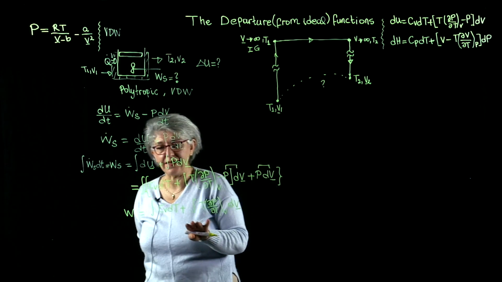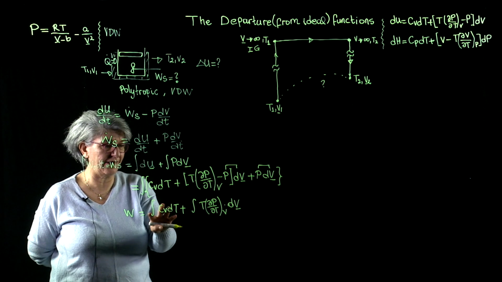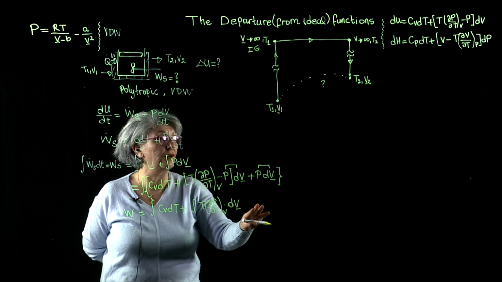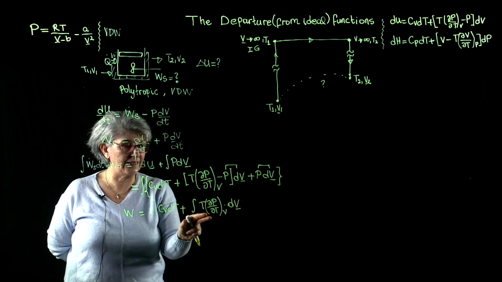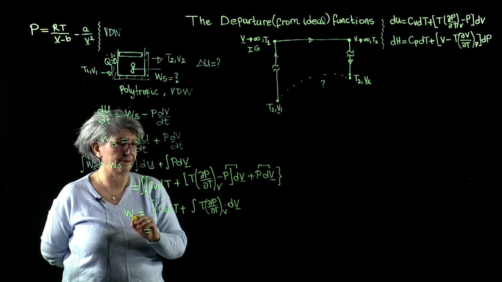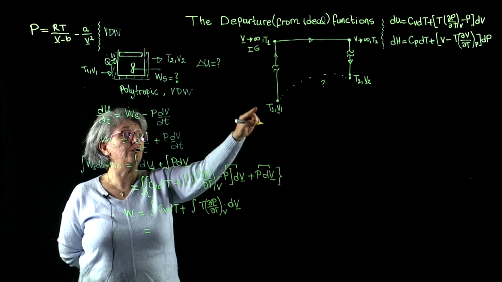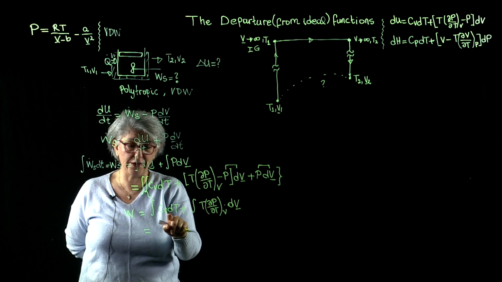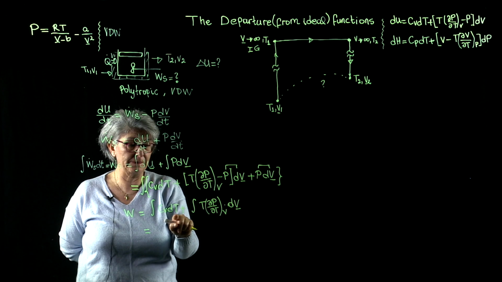Now let's come back and see where this is going to reflect itself in this equation. First I'm going to keep my temperature constant, therefore I don't have to deal with this integral.